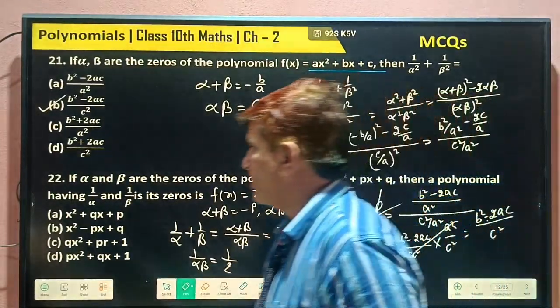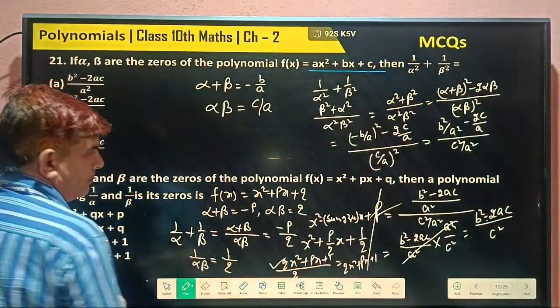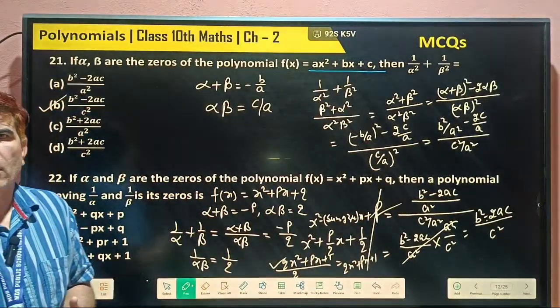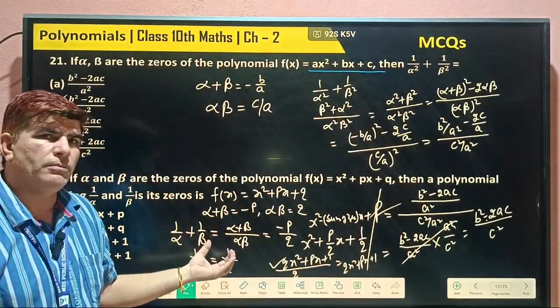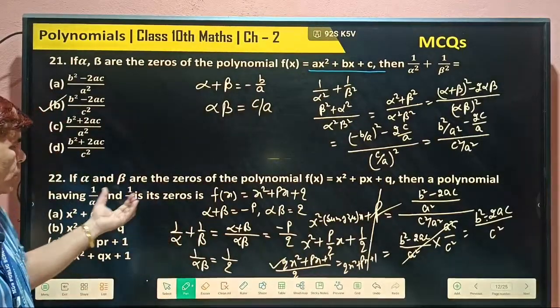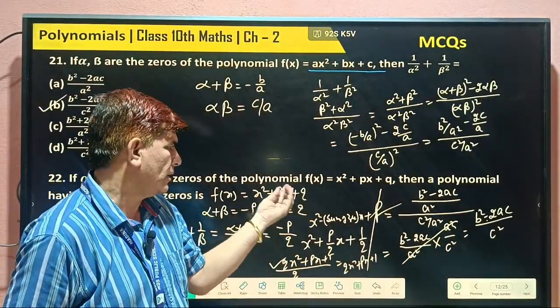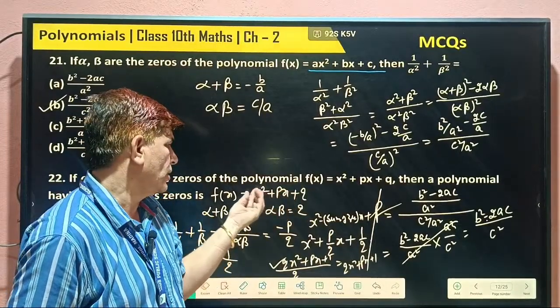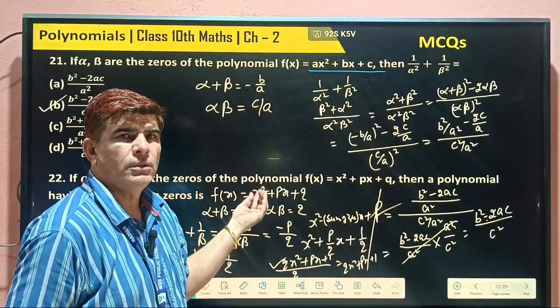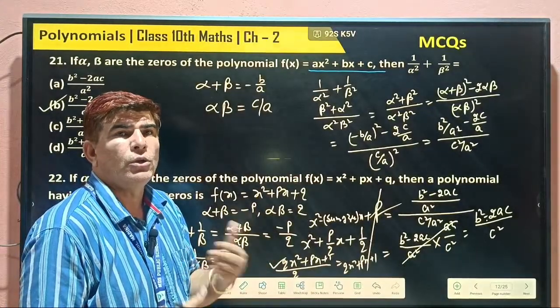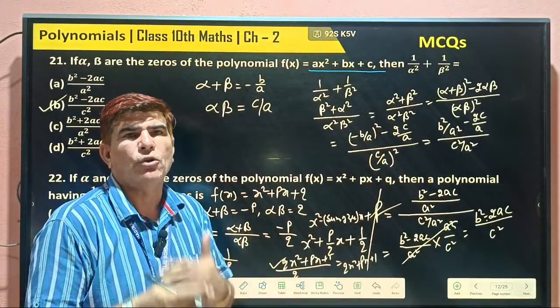So in this type of question, if it comes in your competitive exam, you can directly start from here: qx square, px as it is, plus 1. What's its meaning? The zeros are reciprocals of each other.